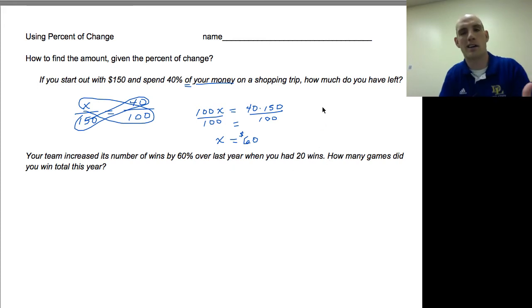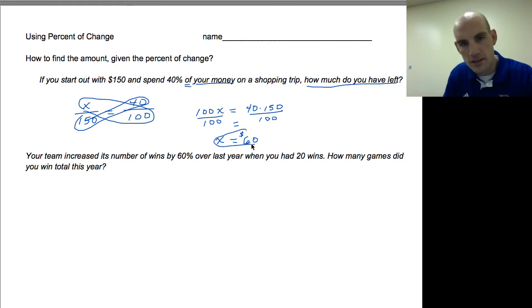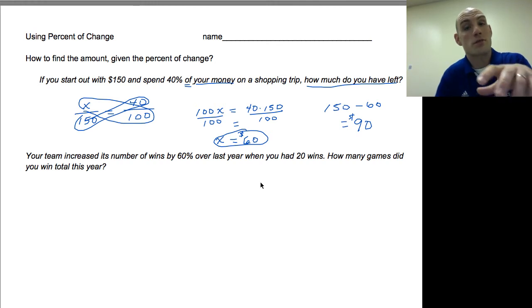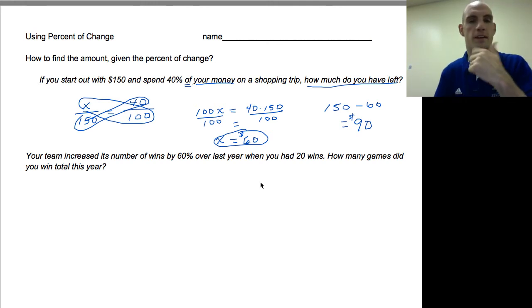Well, I'm not done. The question says, how much do I have left? Well, if this is what I spent, I need to do 150 minus 60 is equal to $90 is what I had left. So my amount of decrease was $60 or 40%.